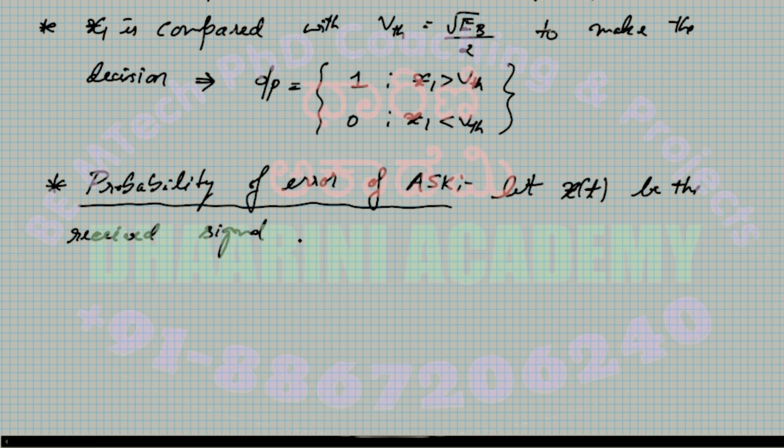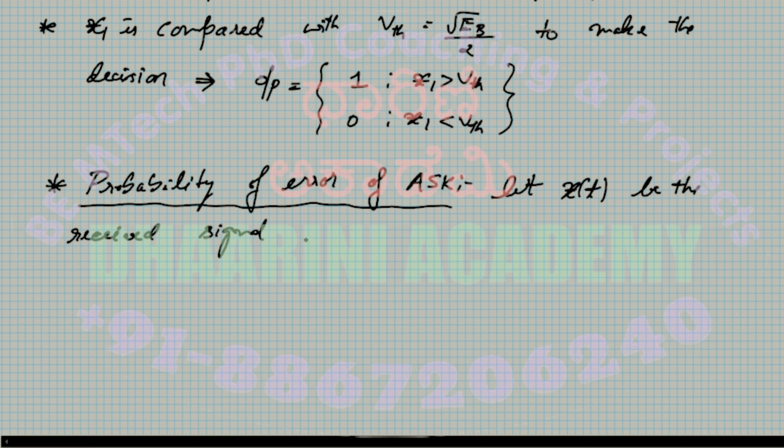If your channel assumed is ideal, then the ideal channel will not alter your signal. Whatever is sent from the transmitter will reach the receiver. So since we are calculating the probability of error, the received signal will include whatever was sent and whatever modifications are performed on that signal by the channel. So two parts will be there, correct?